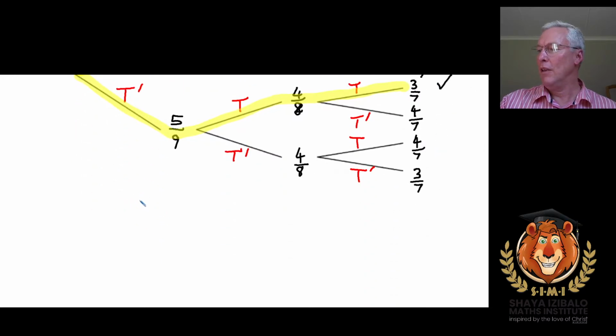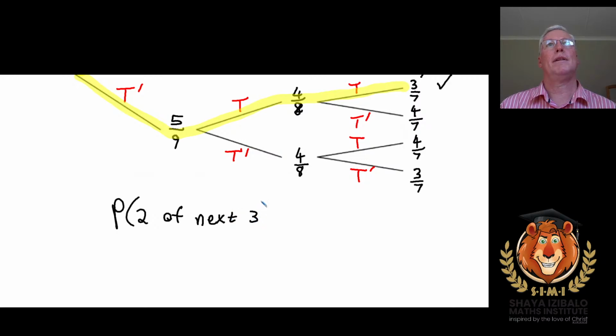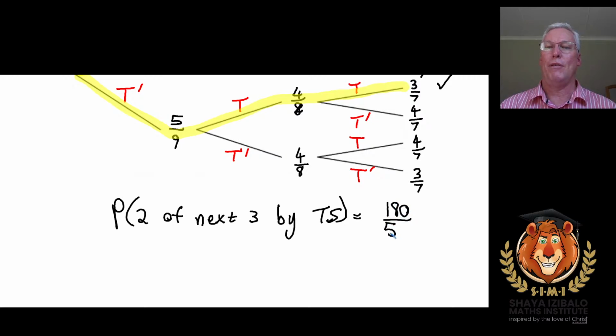So the answer to the probability that 2 of the next 3 are by Taylor Swift will be 3 lots of 60 over 504, which is 180 out of 504. And there it is.